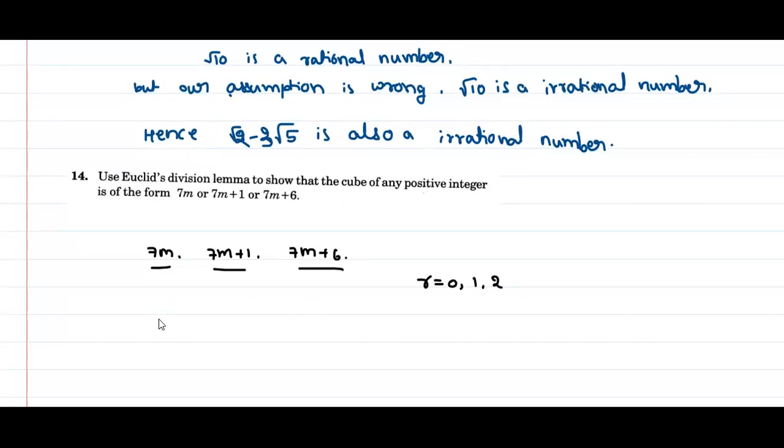Euclid's division lemma formula is a equals bq plus r. So here, in the bq plus r form, the value of b is equal to 7.